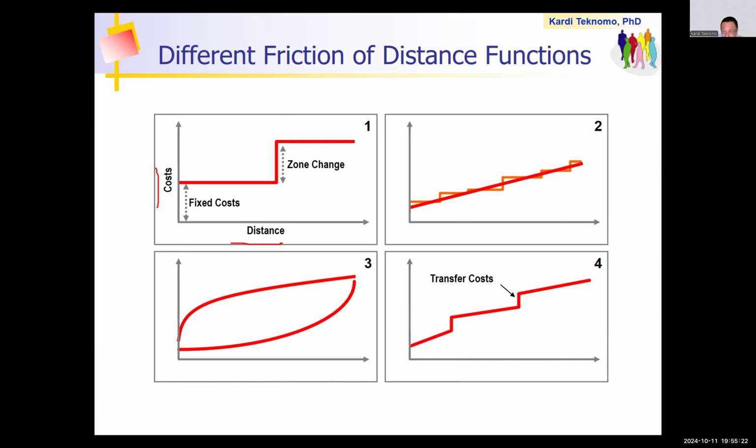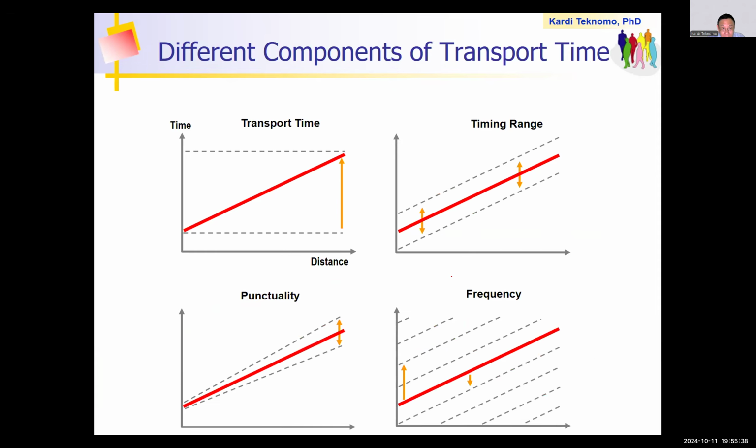Or there is a gradual increase, and then a certain transfer cost, a jump. Or you can use a nonlinear model. So now, based on the time and space diagram, the space is based on distance and time.